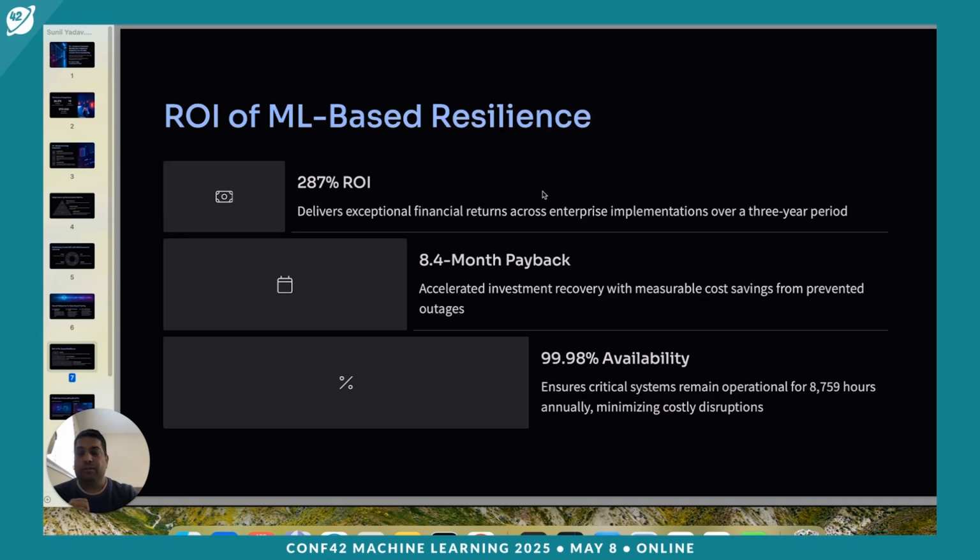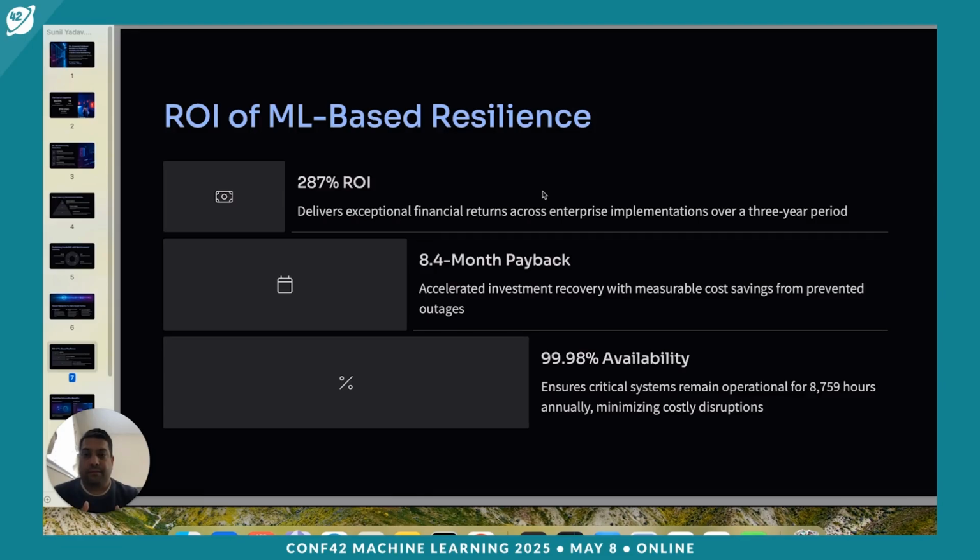Now moving on to another important point, called ROI, which is return on investment of machine learning based resilience. What is the return on investment for any enterprise company on all this machine learning and modeling? There has to be a value to everything, right?